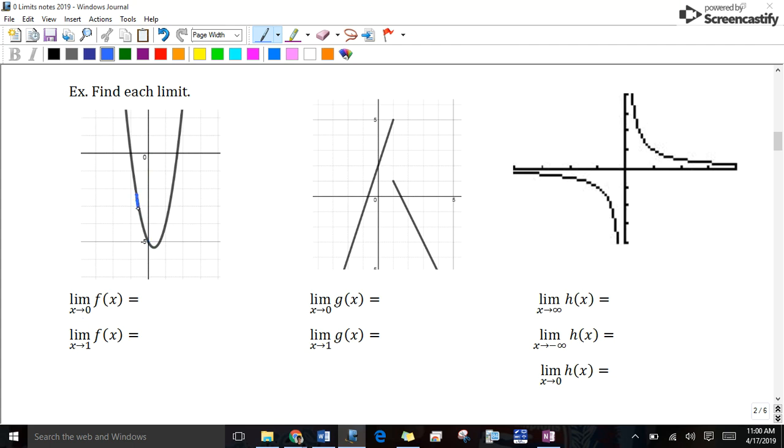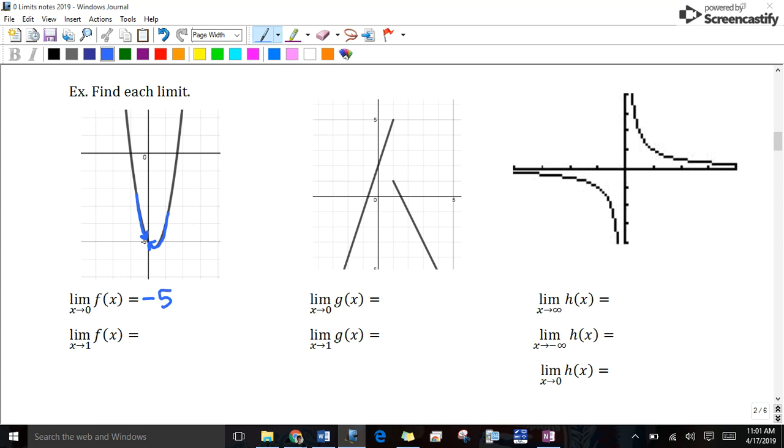So I want to follow my function in from the left side. Looks like that left side is coming down towards a value of -5. Then I'm going to follow it in from the right side. It's coming down and then scoops back up, also getting close to that value of -5. Since they're both approaching that same value, I'm going to go ahead and say that the limit as x approaches 0 of f of x is -5.